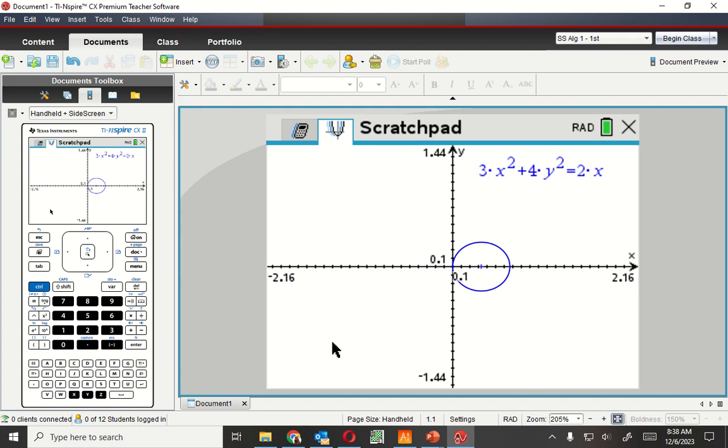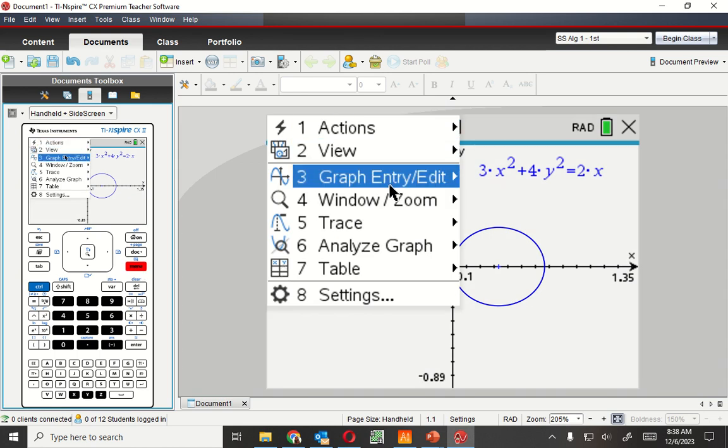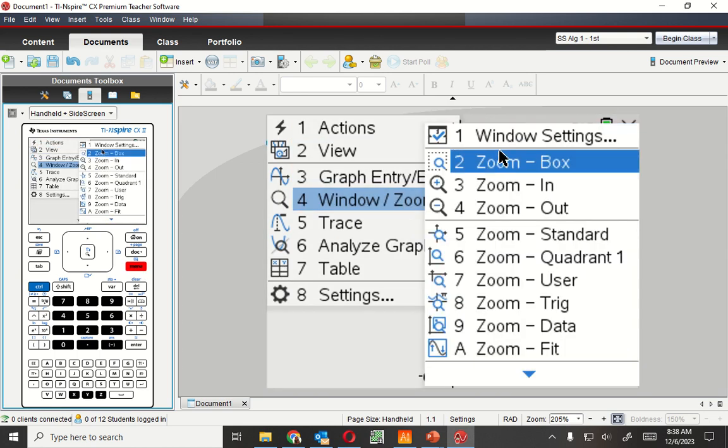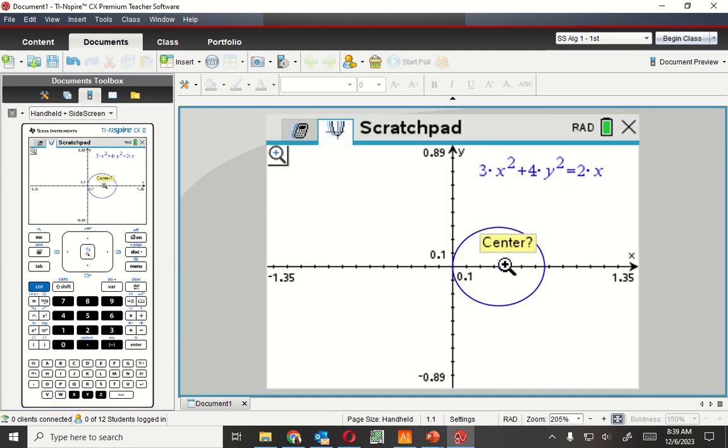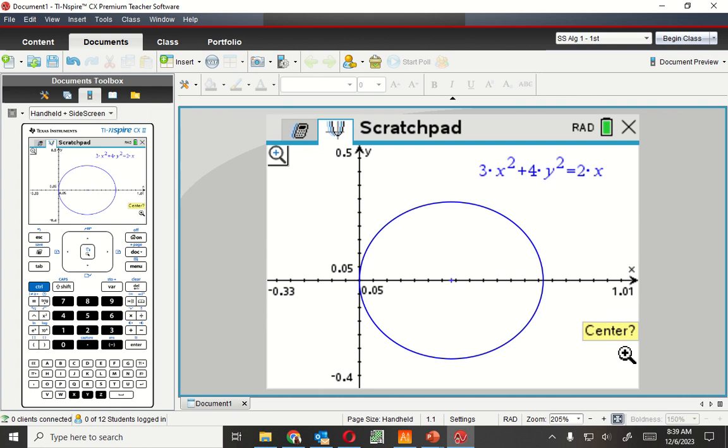And then we could also do menu and window. A couple ways that you could do that is kind of like how I did with grabbing the axis and stretching it. Or you could just do menu, window. You can just go zoom in. There you go. That's one way of doing it.